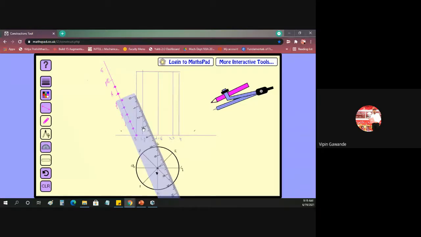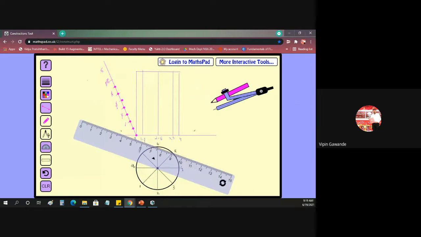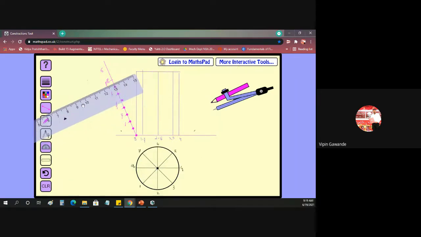Now you have to transfer the last division. What is the next step in the division of the line? You have to transfer this 8, the last division, to the end point of the line. So this is the end point of the line. So this is 8. Then this one is 7. This is 6.